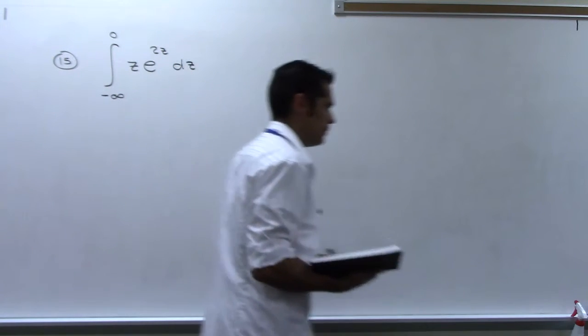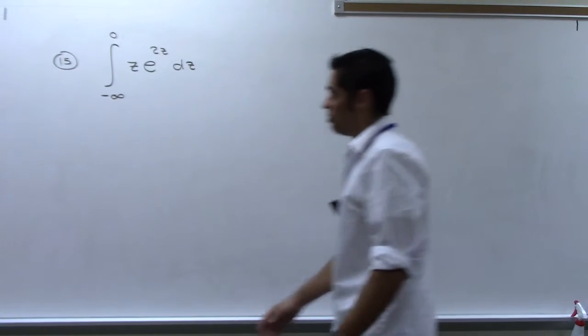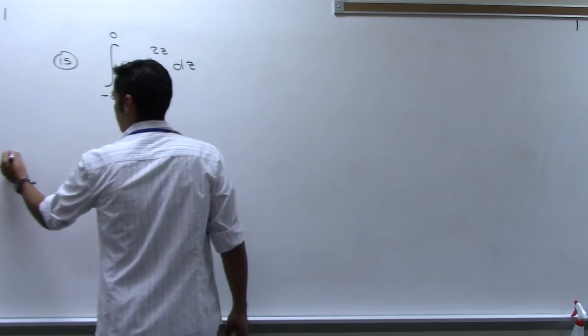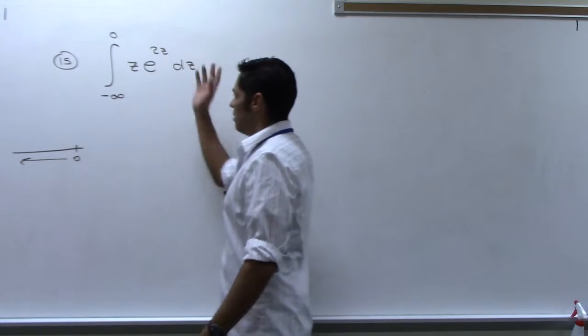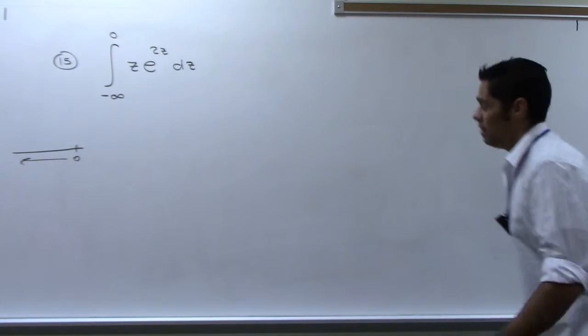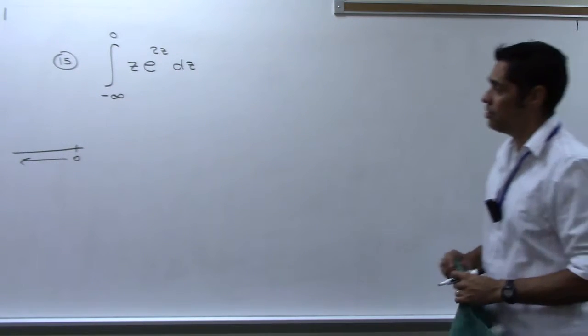I'm going to start by making sure I don't have any issues. I'm looking from 0 to the left. This function doesn't have any discontinuities, so it should be okay to integrate without any issues.